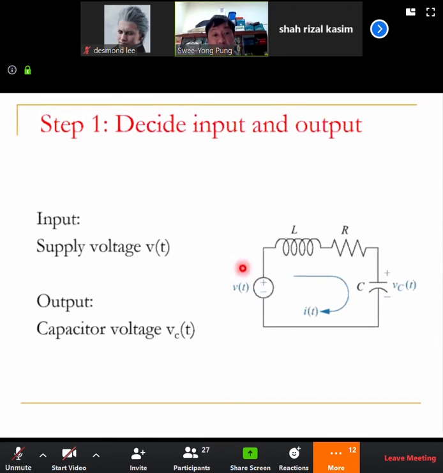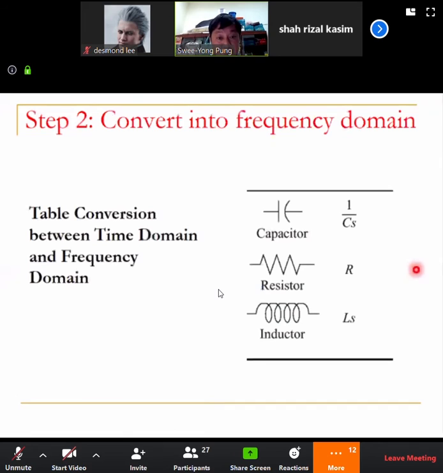Now the output can be the voltage of the capacitor, the voltage of the resistor, the voltage of the inductor, or even the current flowing in the circuit. So you all need to read the questions in the test carefully. Right. This is step 1. So in this step 1, you have the input as the supply voltage, which is this one, and the output is the capacitor voltage, which is this one. Right.